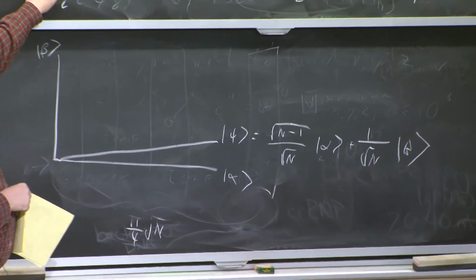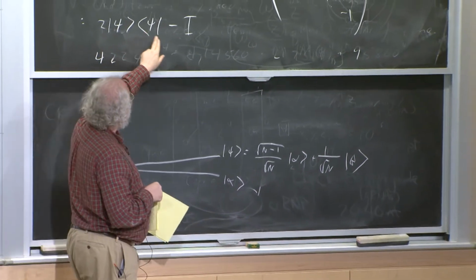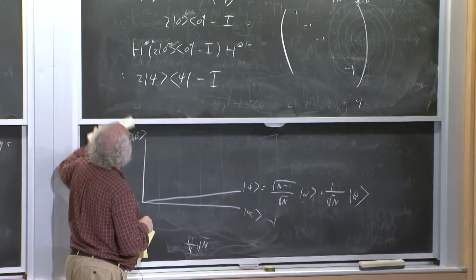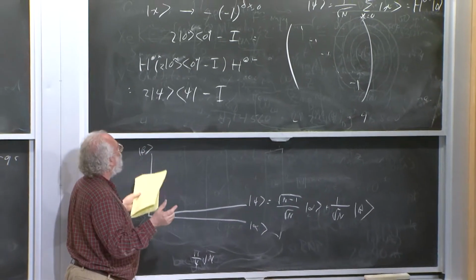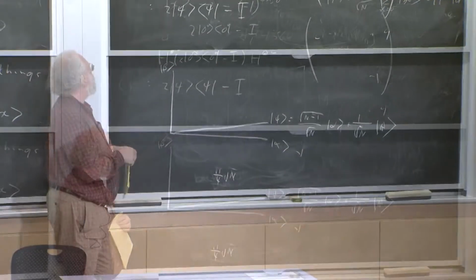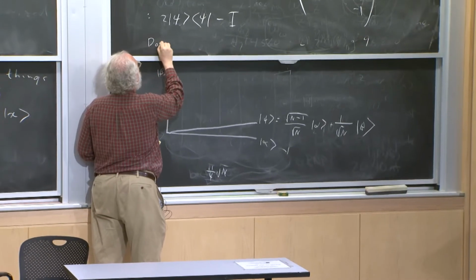And now we want to look at 2 psi minus I. So what does this unitary transformation, well, you can see it's unitary right here, do? It does nothing to psi.